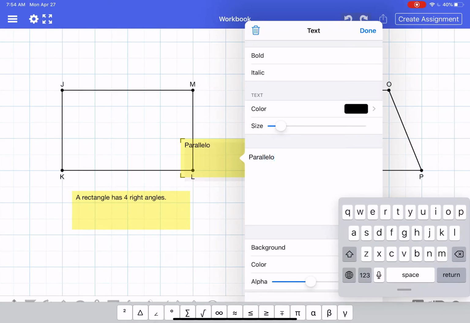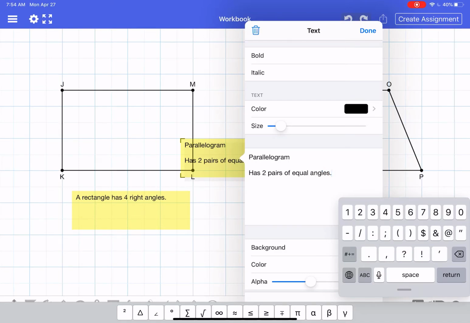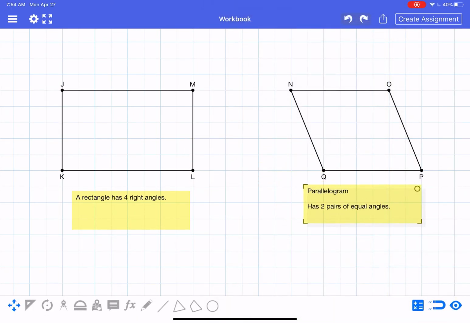You remember parallelogram from the previous week. Two pairs of equal angles. And done. We'll lock it in place.